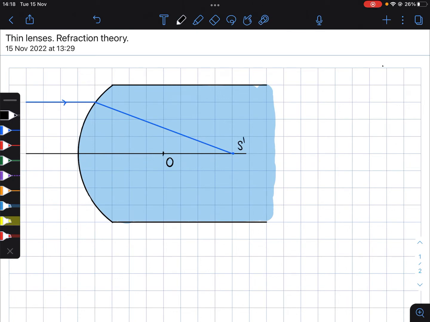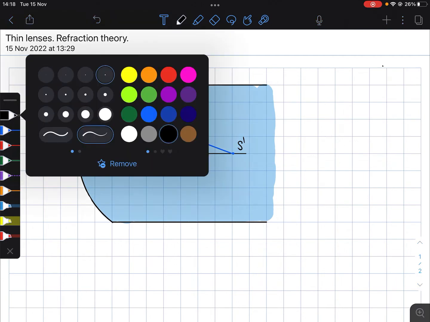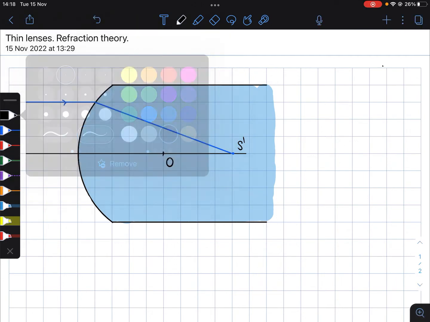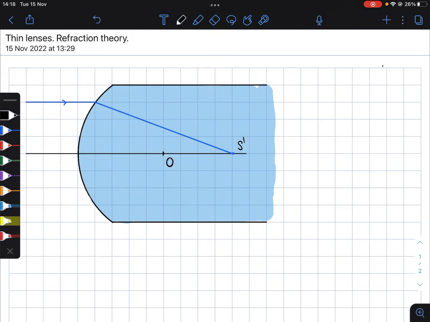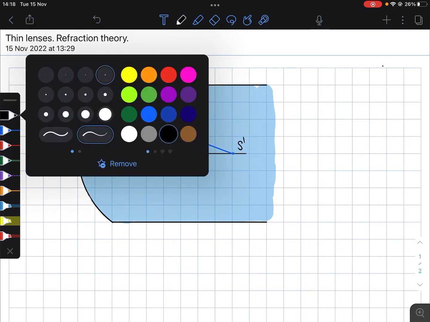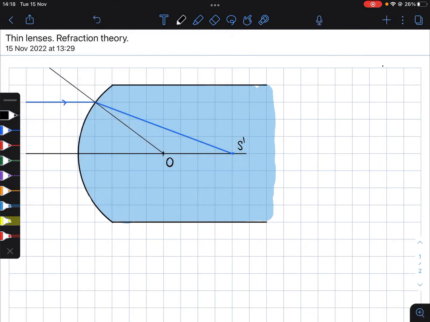The radius of curvature, as I said, is known, so we can find the normal to the surface. The normal to the surface is going to be this one, and the angle of incidence is alpha.